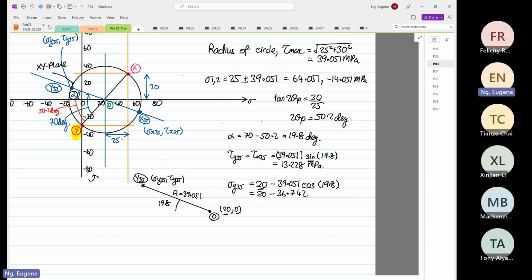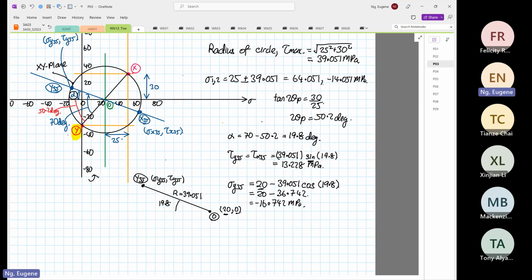So 20 minus 36.742 is equal to minus 16.742. So that value over there, if we go back to the graph paper mode, it's more than probably my angle. It's not really good. Let me calculate cos 19.8 times 39.051 again.